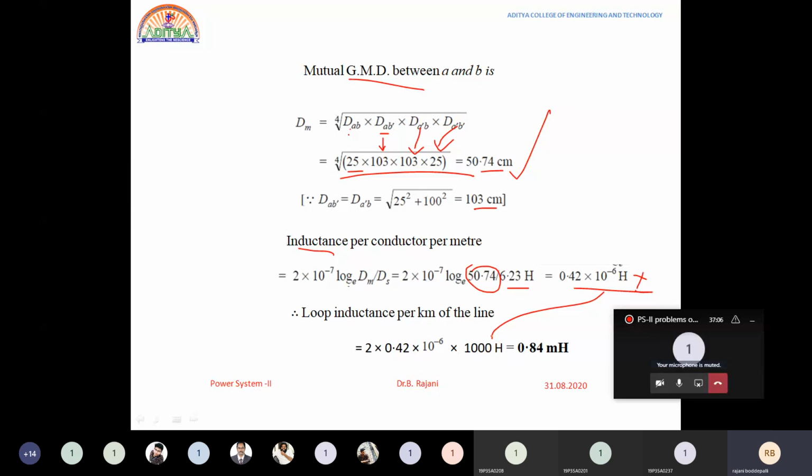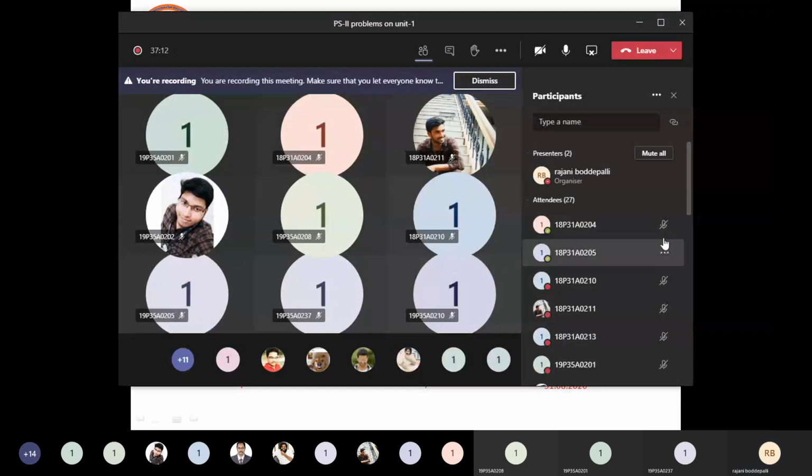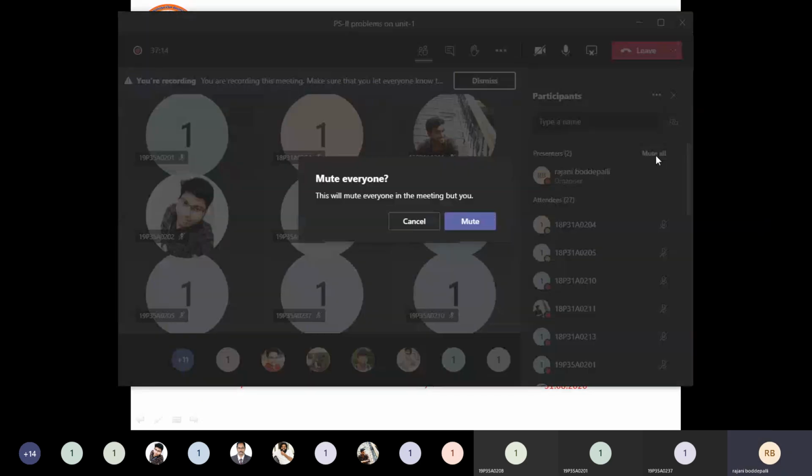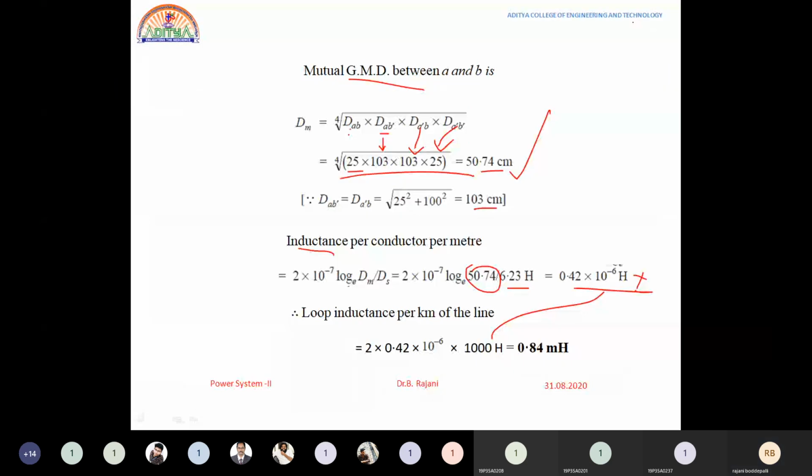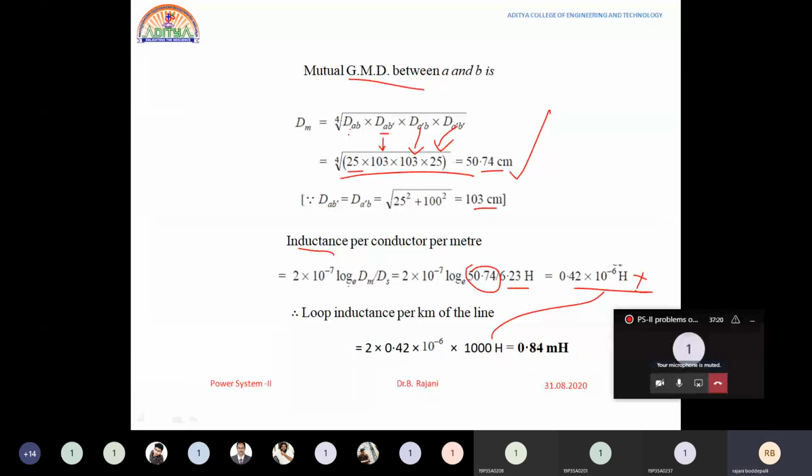So that we have millihenry: 2 into 0.42 into 10 to the power of minus 6 into 1000 Henry, which equals 0.84 millihenries, we can say.